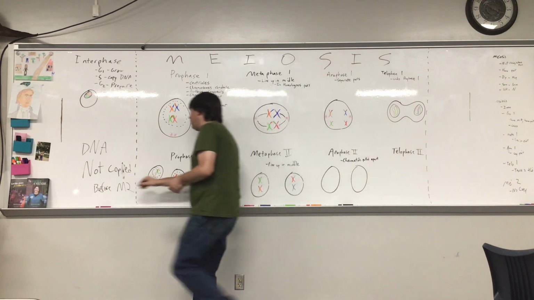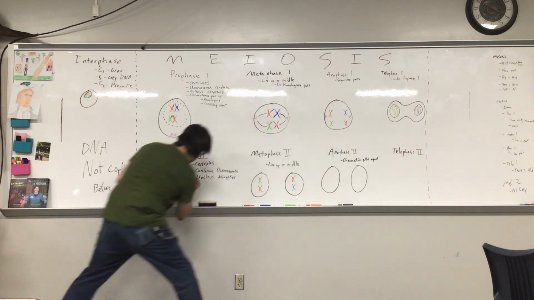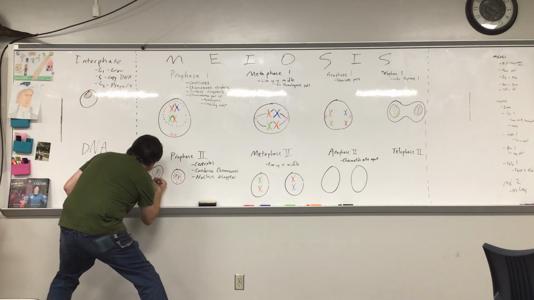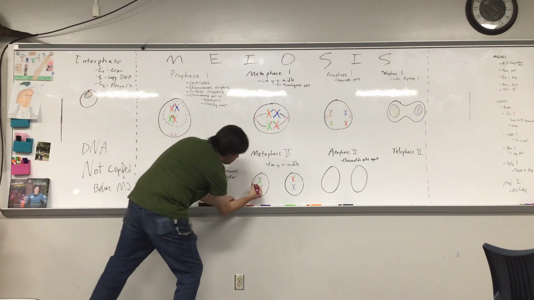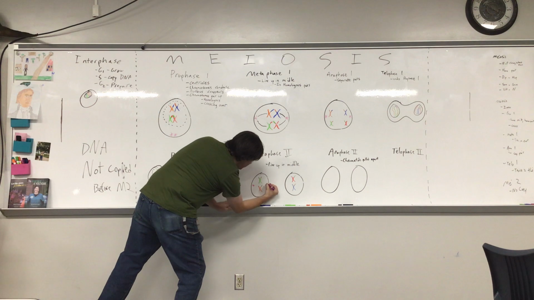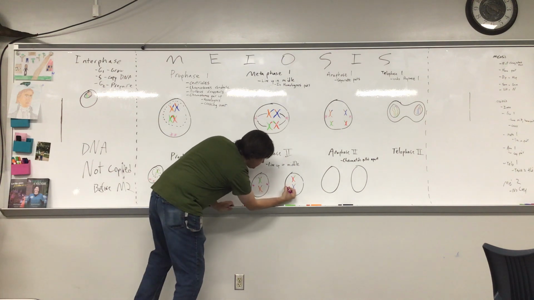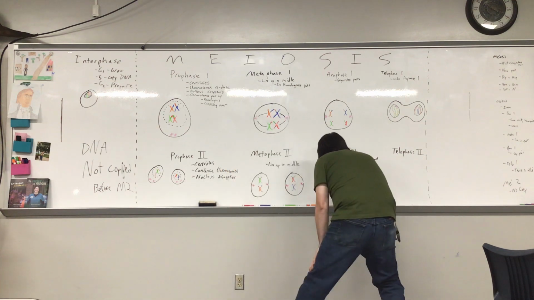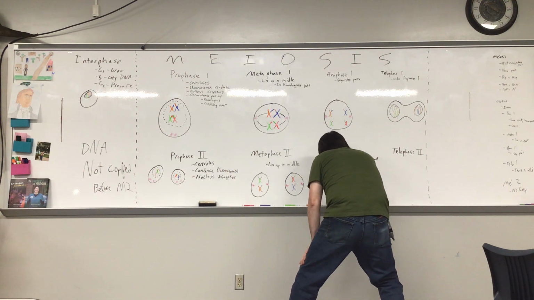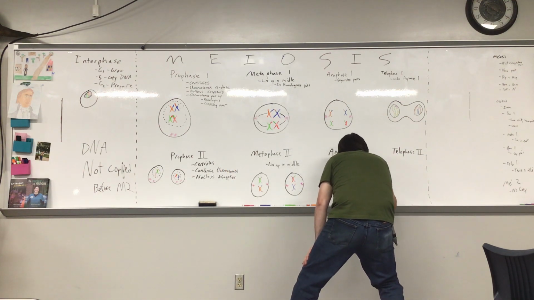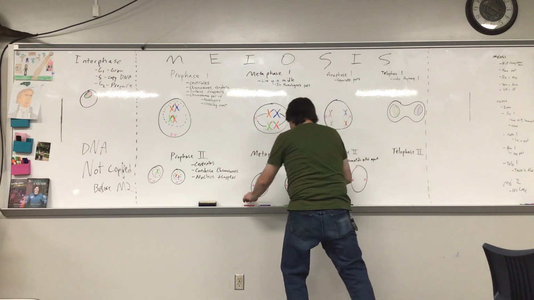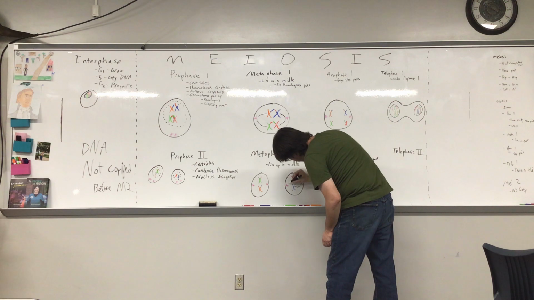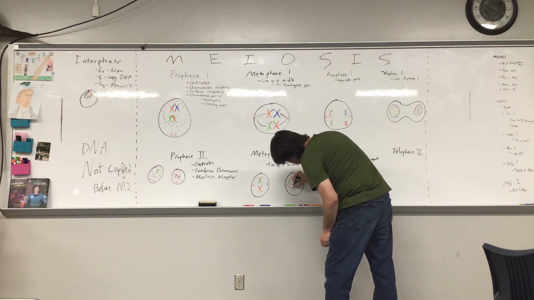And I didn't draw the centrioles in here. I should probably do that because those are reforming. We'll just quickly do that in magenta because this video is becoming very long. So we have those there. We have our centrioles on each side of the cell. And same thing in mitosis and in meiosis 1.